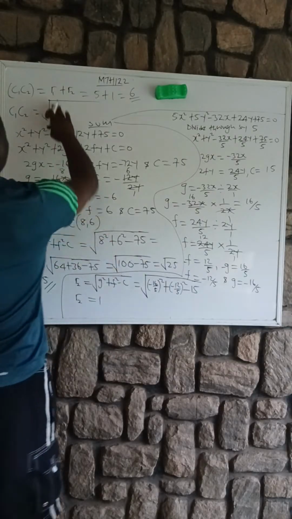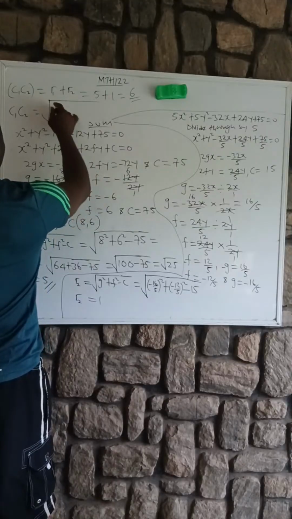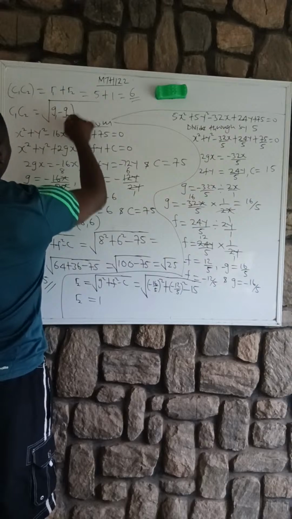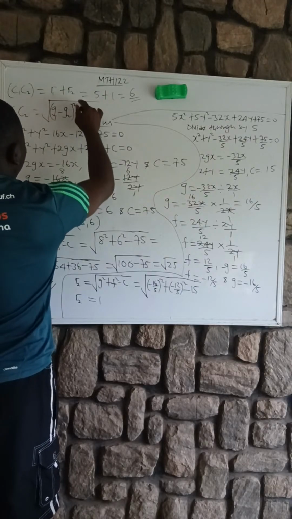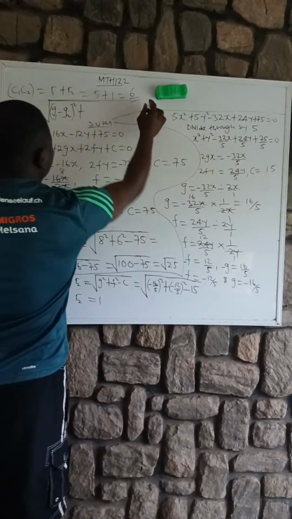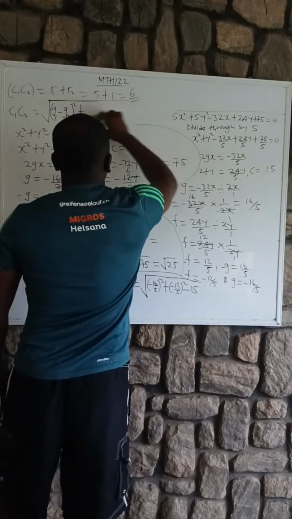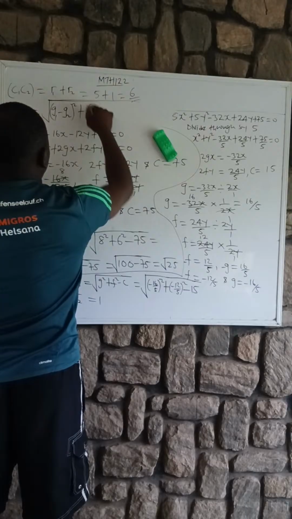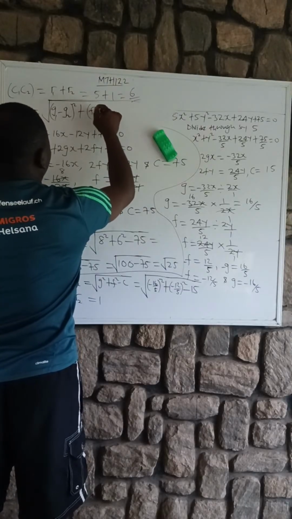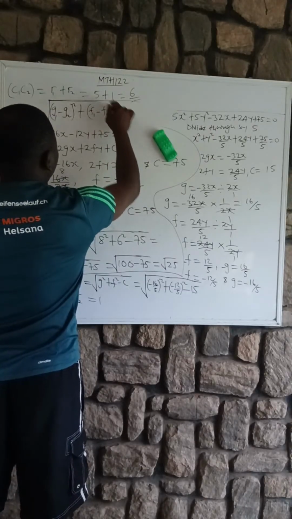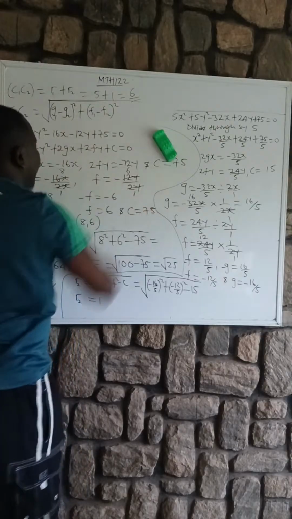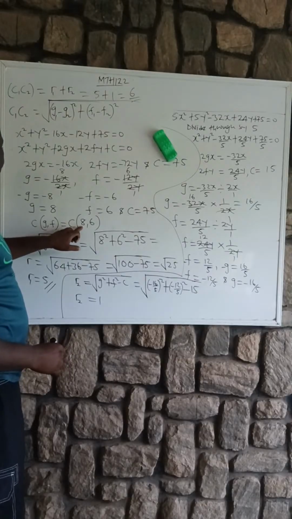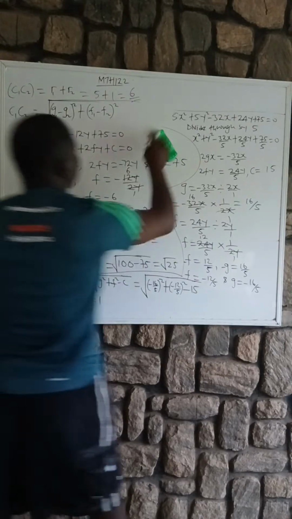It means square root of G1 minus G2 all in square, plus F1 minus F2 all in square, right? So our G1 here is what? 8.